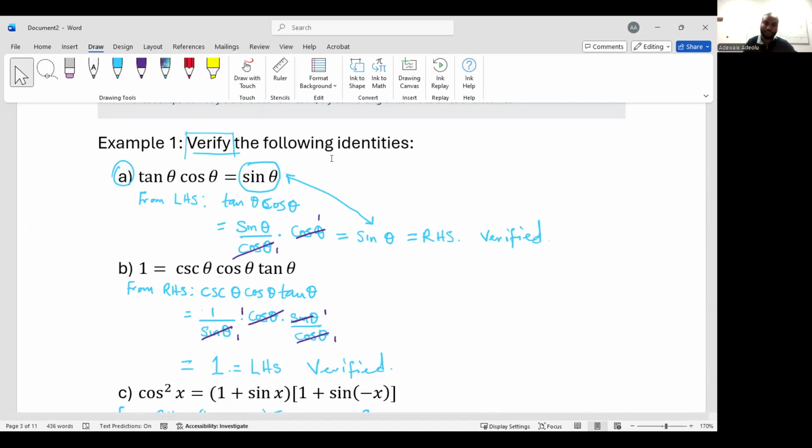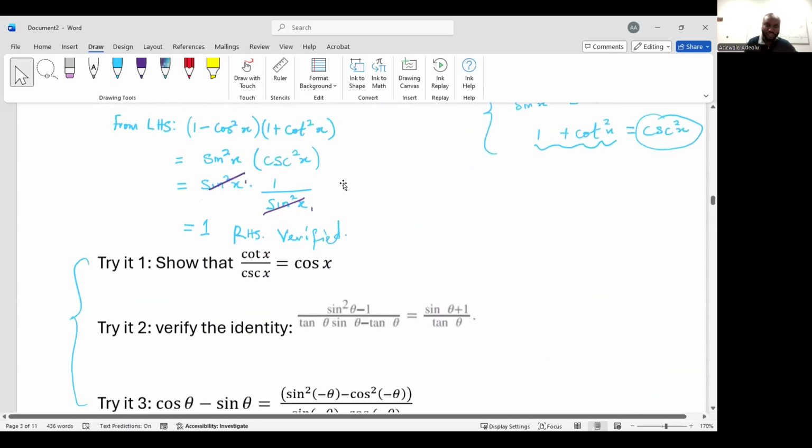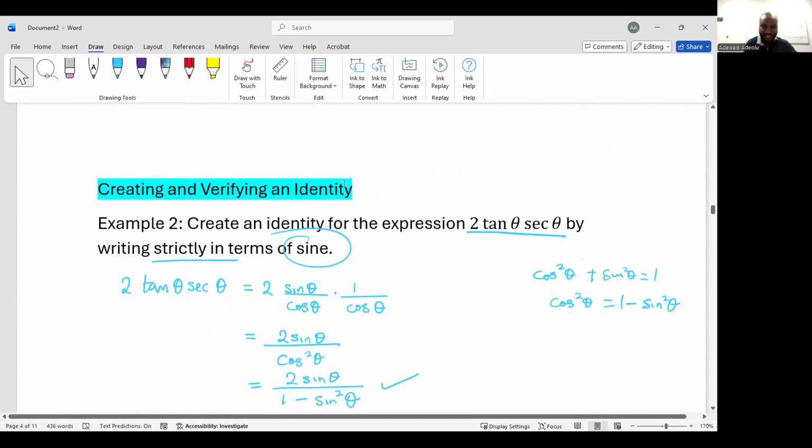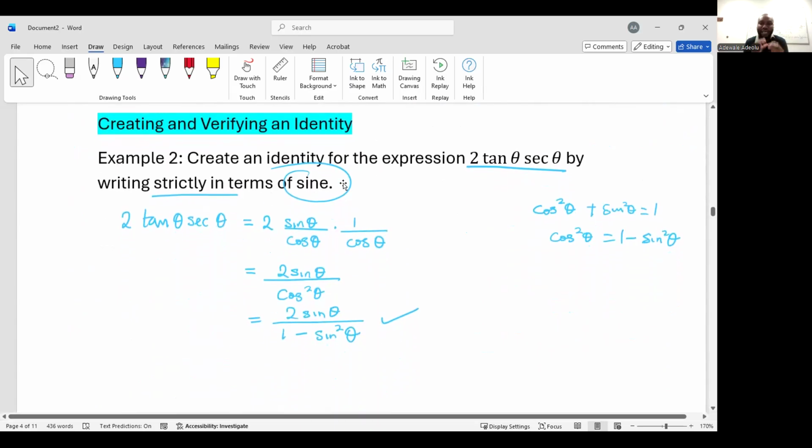Then you stop. Then we said, okay, we can also create. So we have some expression, then we simplify it and we leave our answer in terms of whatever the question wants it to be.